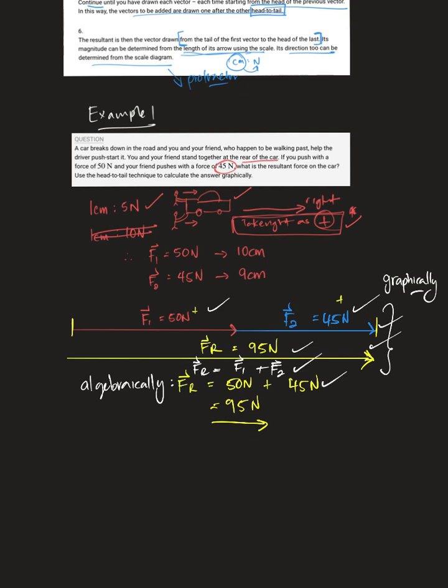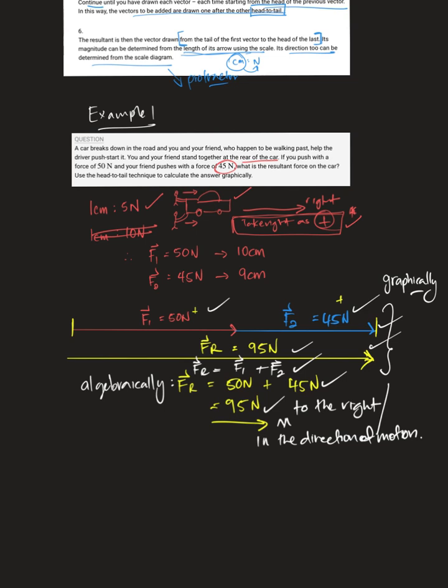Then I substitute, and then I get a mark. But what's missing here is the direction. So I can say to the right or I can say in the direction of motion. Right. So that's the two ways in which you can do something like this.